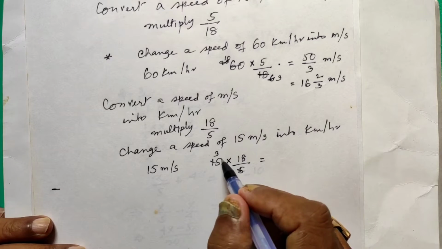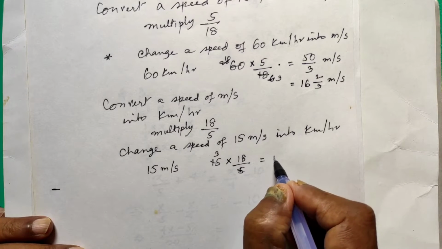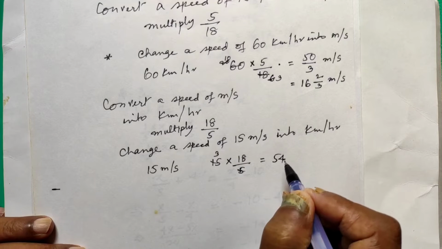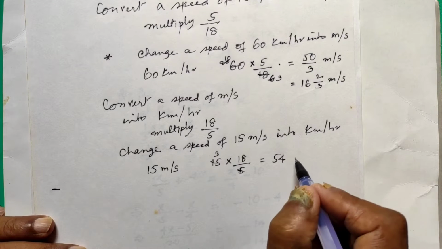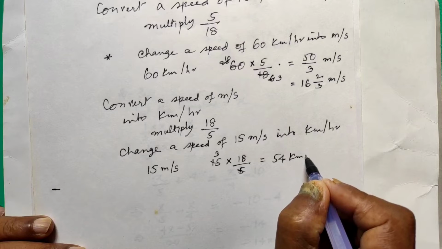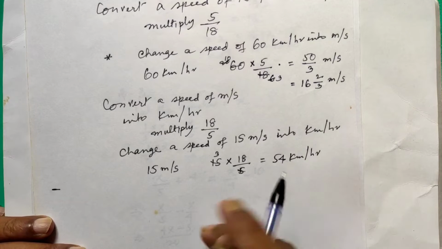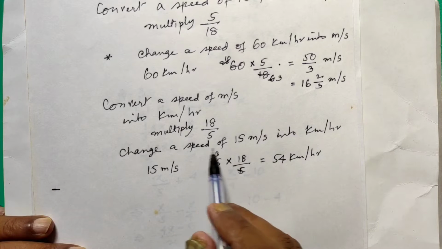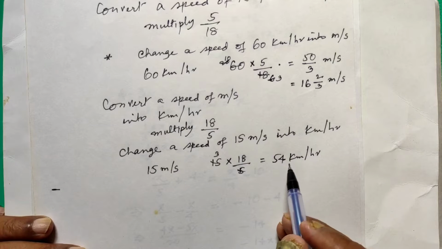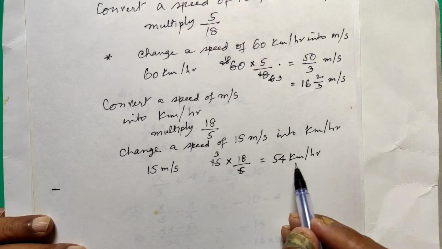If you multiply 18 by 3, you will get 54 kilometer per hour. Remember it, meter per second turns into kilometer per hour. So, 54 kilometer per hour.